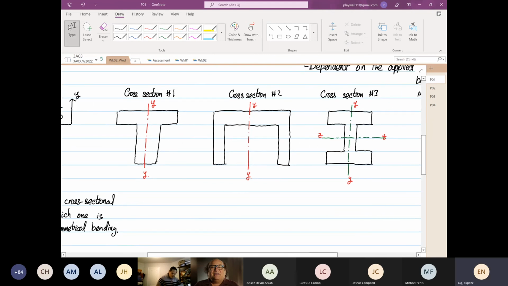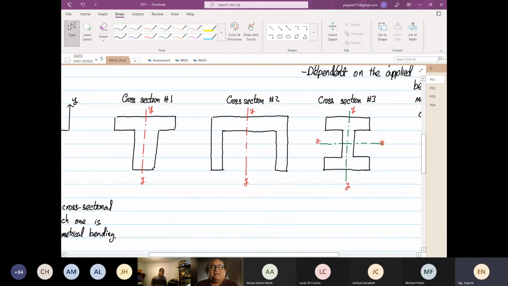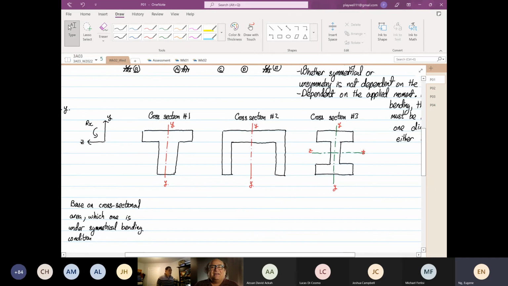Okay, I want you to look at these three cross-sections. Oh, I do apologize, too excited again. From the cross-sectional area, can you tell me which one is under symmetrical bending? Number 1, 2, or number 3?